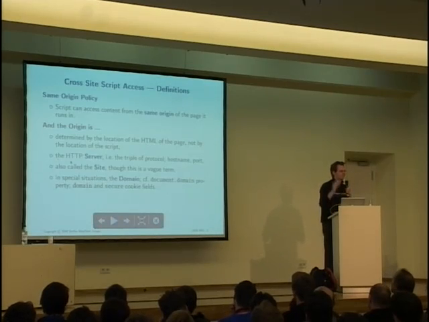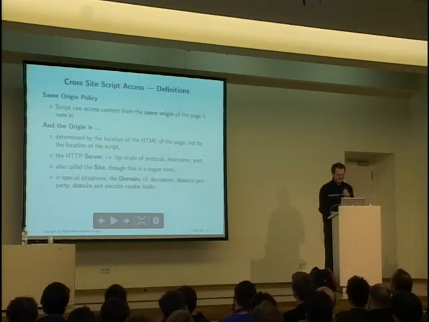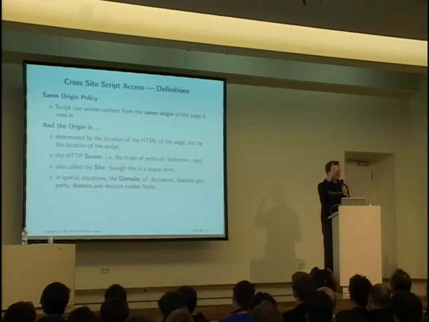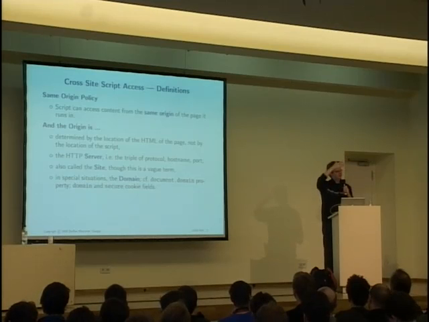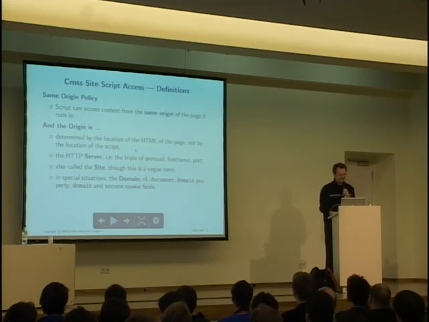And just to reiterate this, the server is determined as the triple of the protocol, that is either HTTP or HTTPS, the host name, that is the name under which the host on which the server runs is identified, and the port number, the TCP port number on that host.